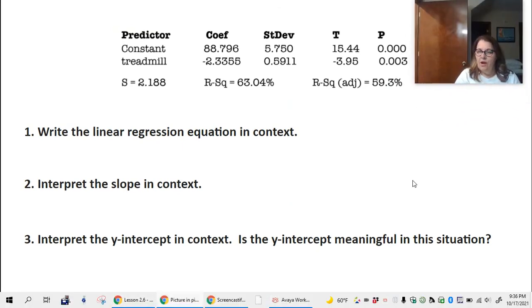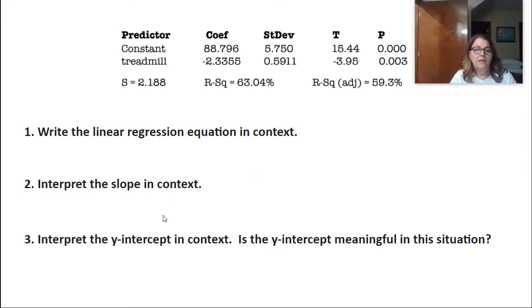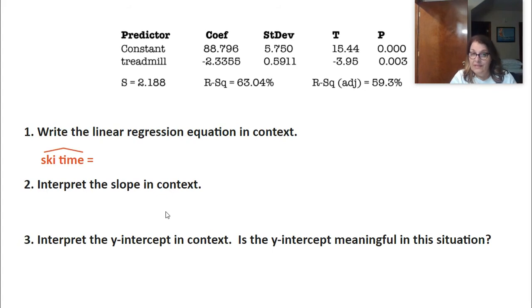So let's use our linear regression data. Remember, it's the time on the treadmill versus ski time. So what is the linear regression in context? Remember, the model is predicting ski time, so it's going to be predicted ski time, with the little hat over it.